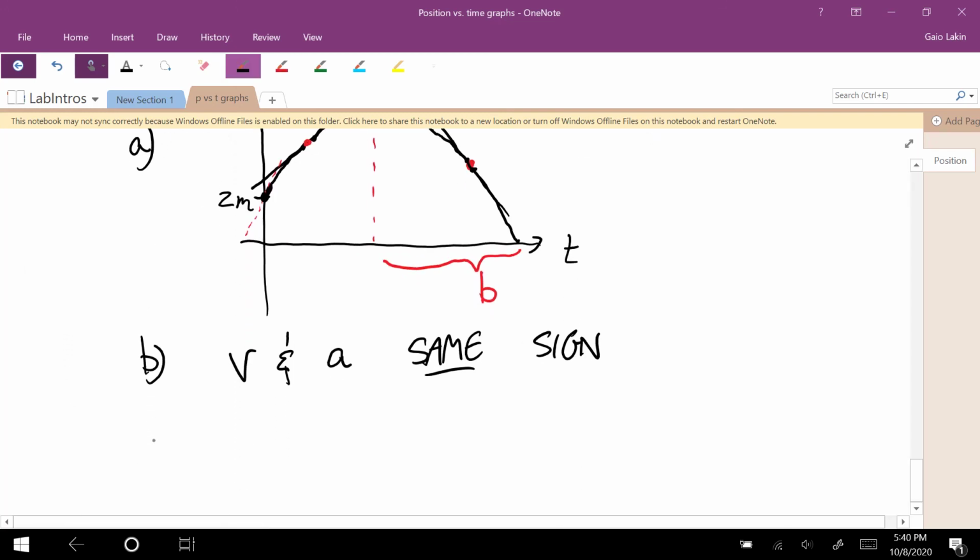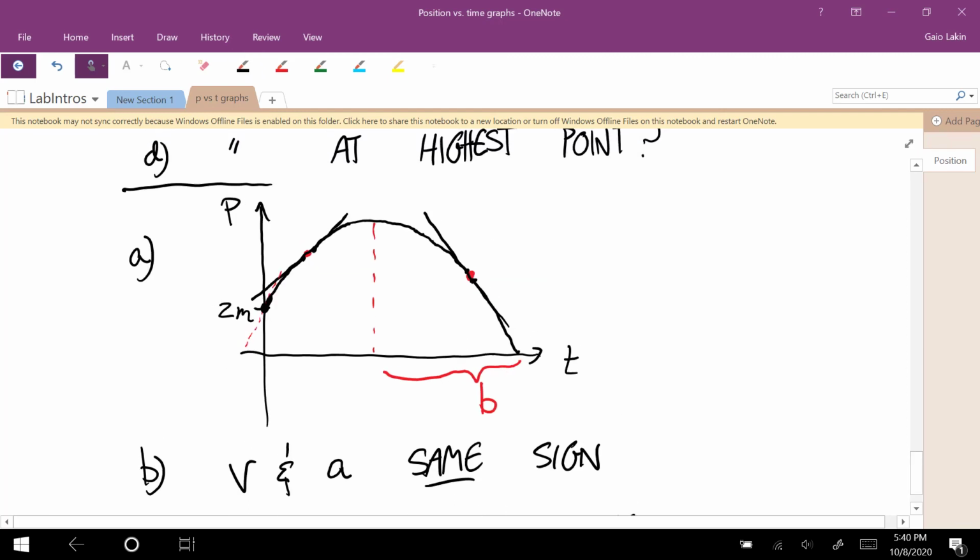Okay, now part C. What do we know about the requirements for the object to be slowing down? Well, we know that velocity and acceleration have to have opposite signs. Again, on this whole graph, we know that the acceleration is negative. It's concave down.